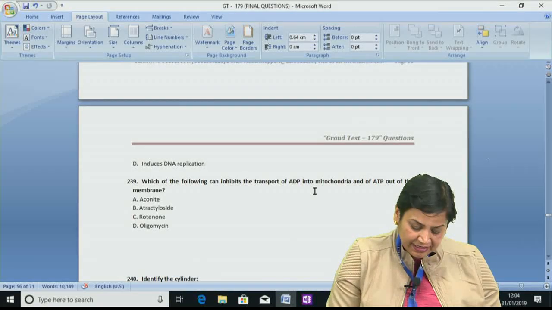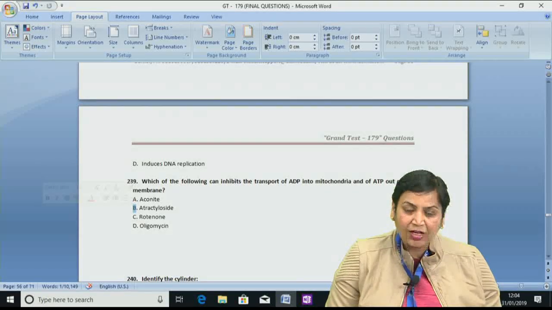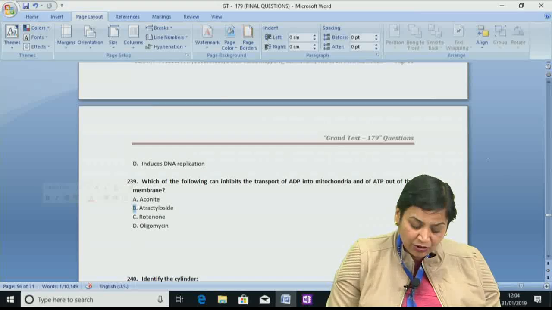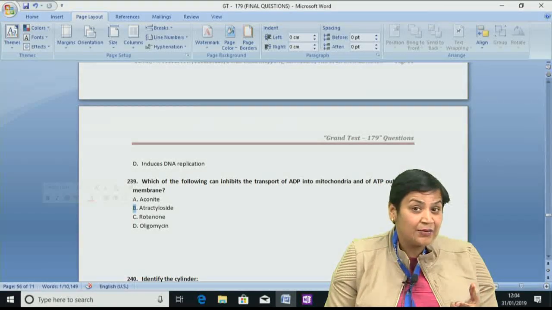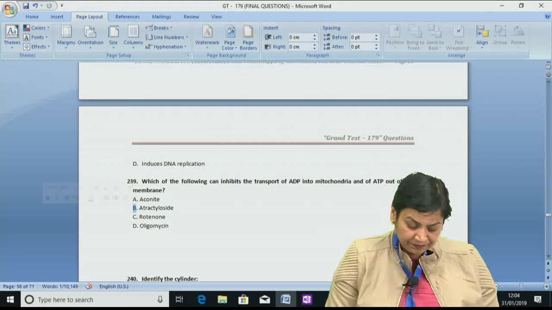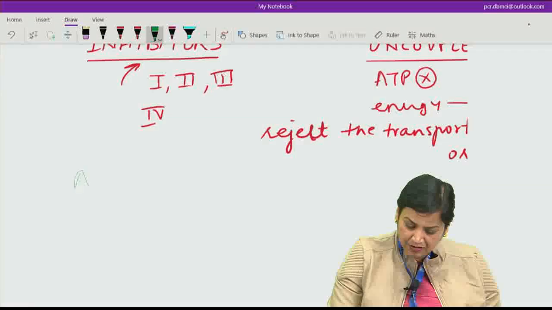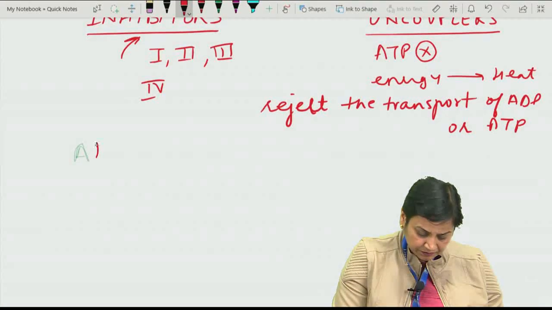So it is atractyloside. If we take rotenone, rotenone is an inhibitor. Oligomycin is also acting as an inhibitor because it is inhibiting oxidative phosphorylation also, but it is not inhibiting the transport. So the answer to this question is A, atractyloside.